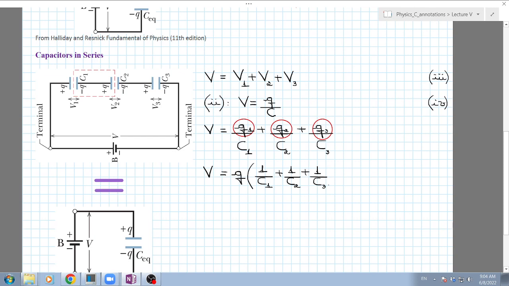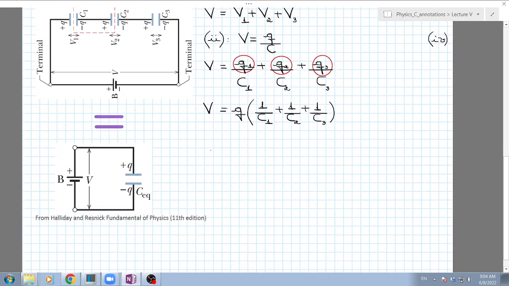You can divide the equation by Q. And the inverse of this term, if you look at the left-hand side, is 1 over the equivalent capacitance.